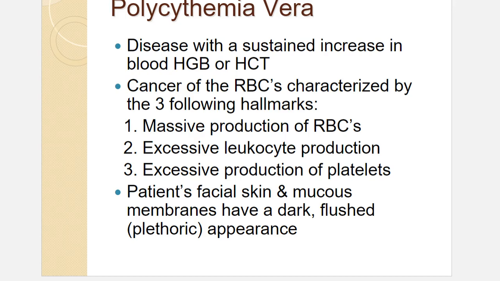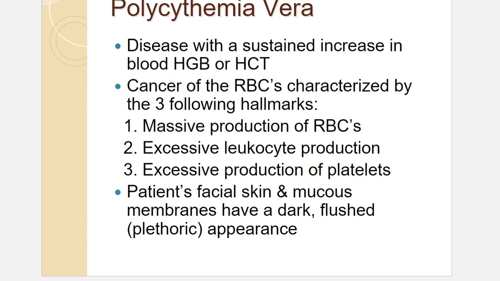What you're going to see with this is the patient's presentation will be a person with a very plethoric appearance, and that's because you have all these red blood cells on board, which give that patient that very flushed red coloring, like as if a patient's in a continual blushing.